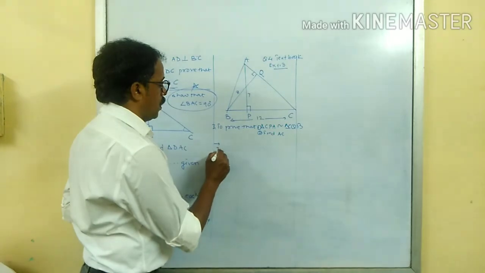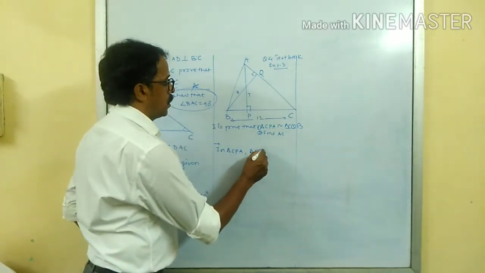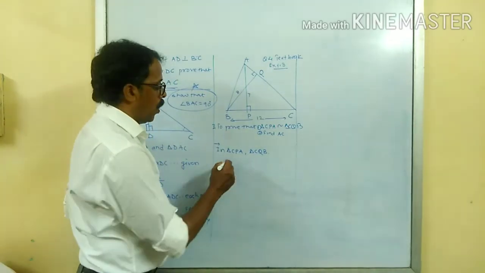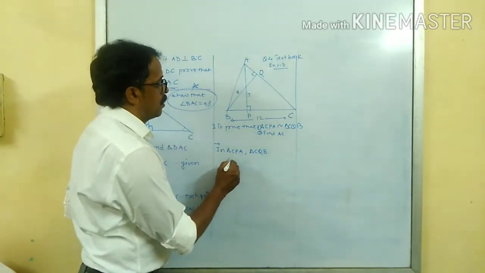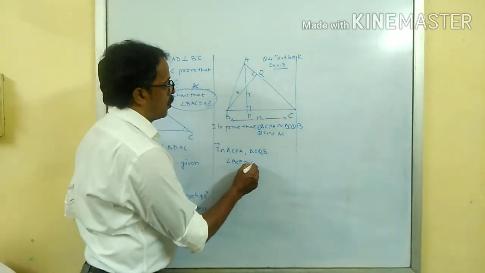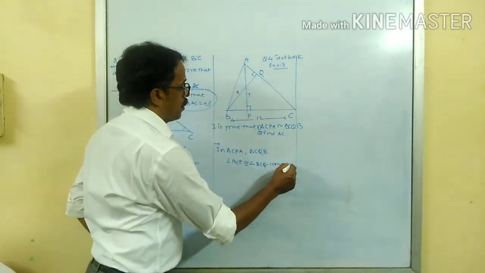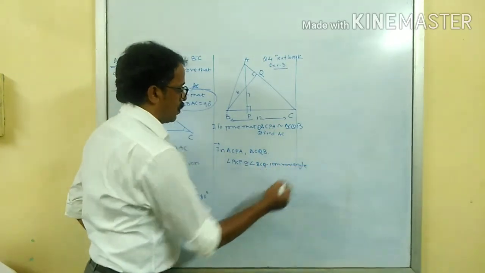Your solution: in triangle CPA and triangle CQB. Okay. How are we writing this? Angle ACP is congruent to angle BCQ. What is the reason? It is a common angle. Okay.